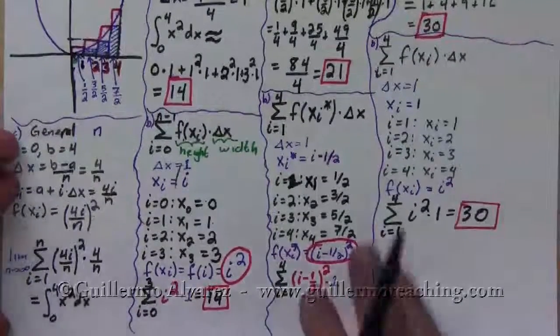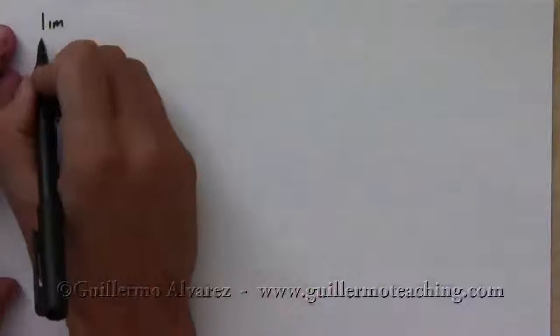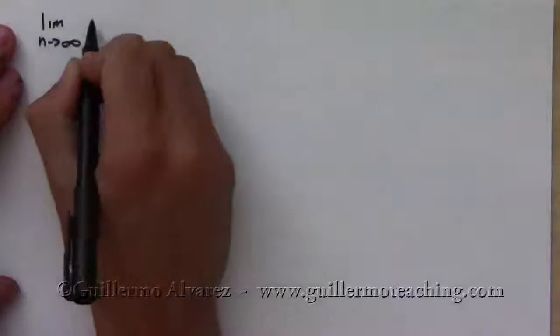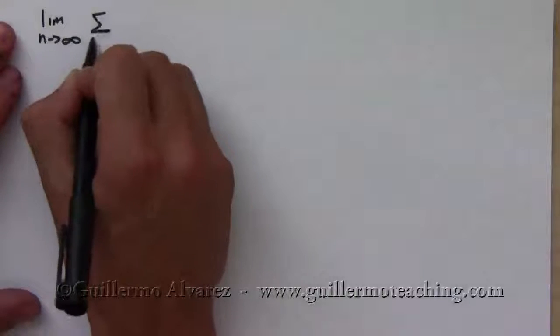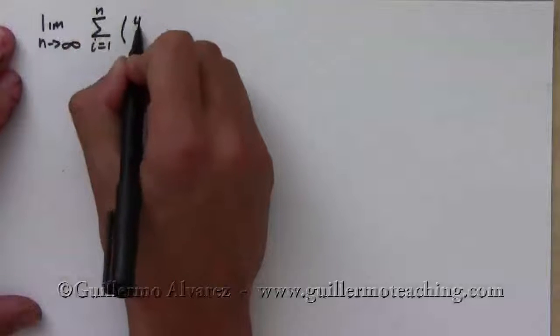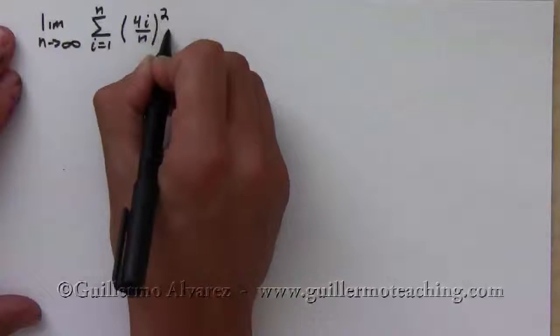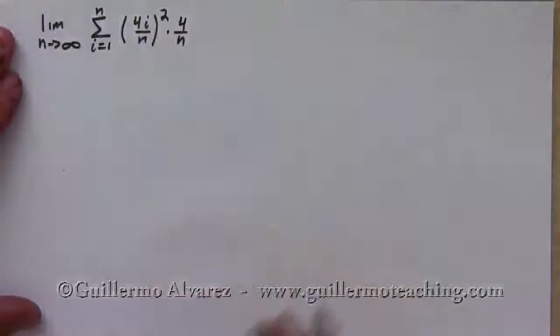Okay, now to actually find this, let me write it down on a separate sheet of paper. So what we're trying to find is the limit as n goes to infinity of the sum from 1 to n of 4I over n squared times 4 over n.